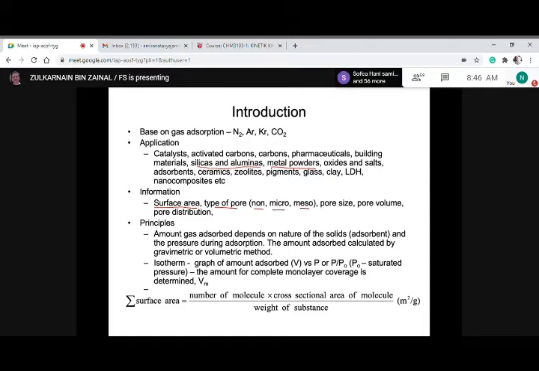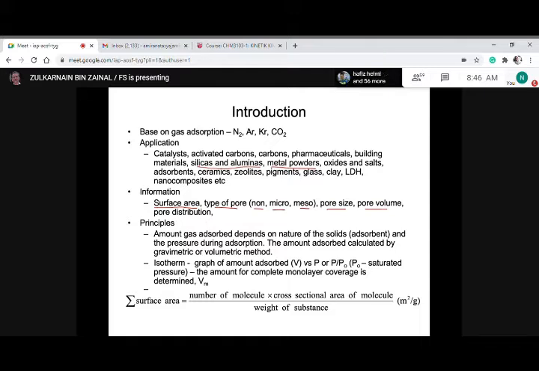This is the size of the pore. Now, is it in the micropore size range, or in the mesopore size range? Okay. So what is the pore size? What is the pore volume? And also the pore distribution and so on. So these are the things that people are interested to know, especially when they do absorption of gas on solid.